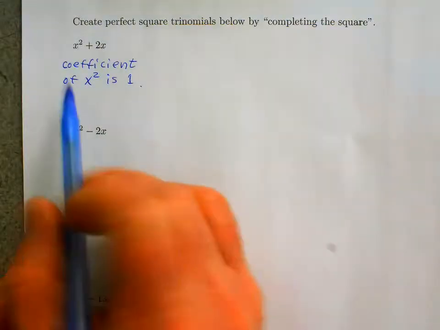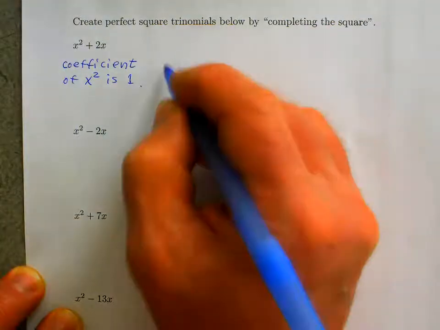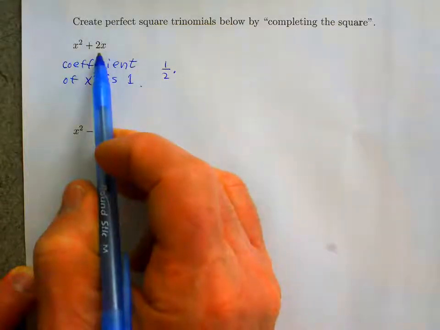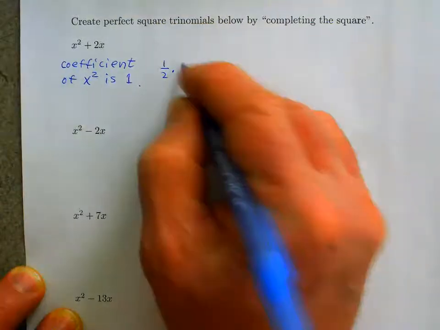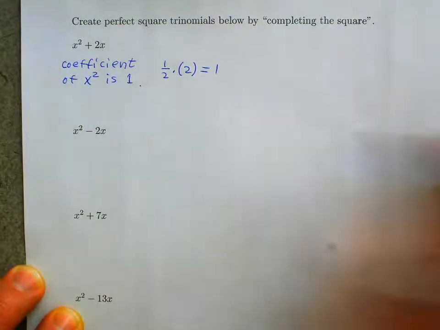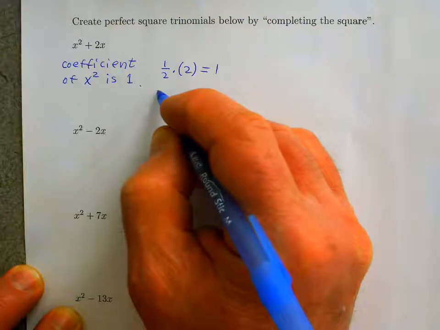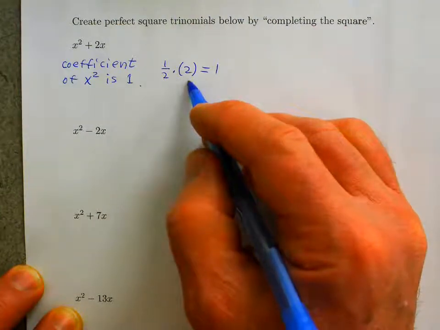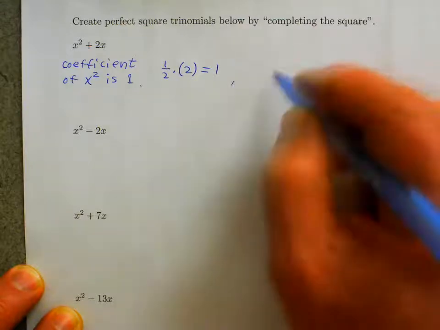Once the coefficient of x squared is 1, compute 1/2 of the coefficient of x. So 1/2 times 2 is 1. Once we have 1/2 the coefficient of x, we square 1.